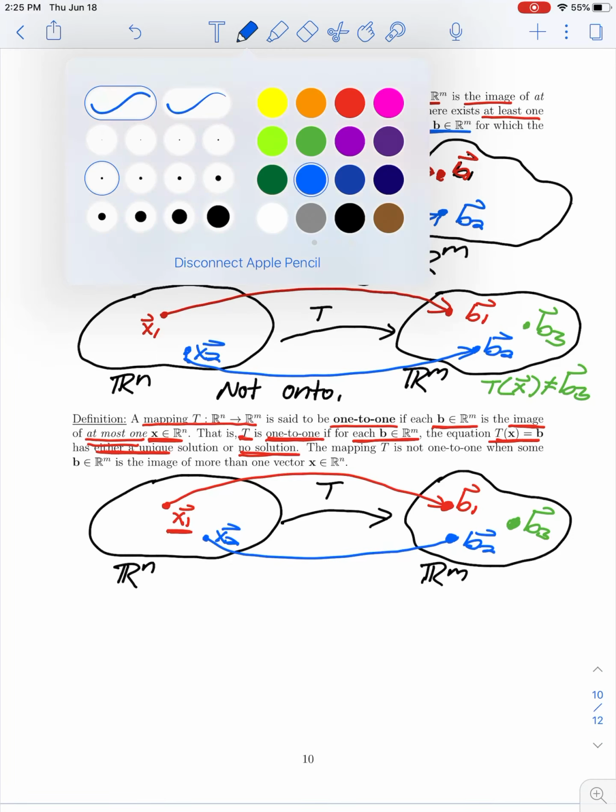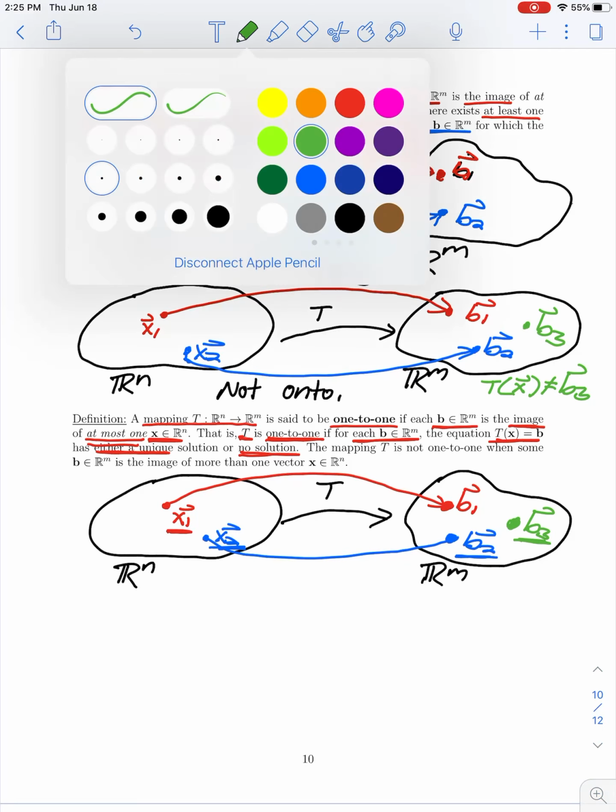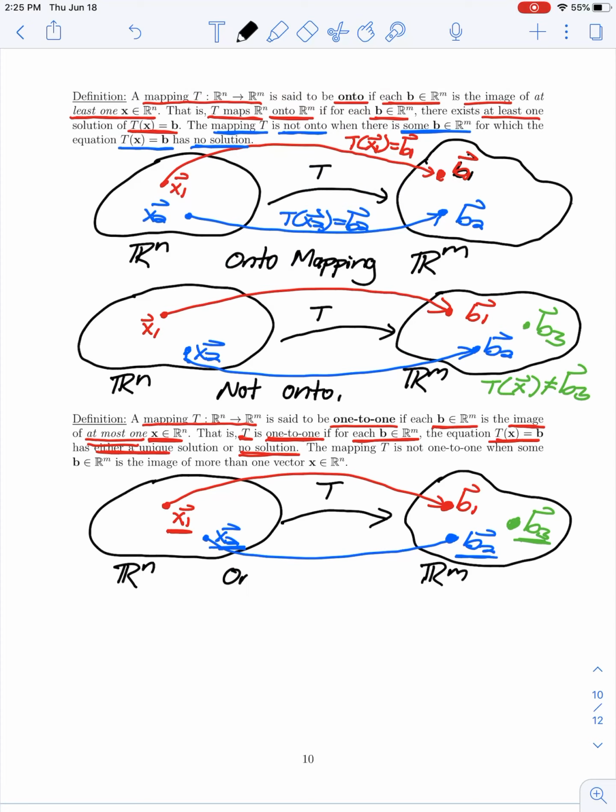The only vector which maps to B2 would be the vector x2, and we might have some vectors in the codomain, such as B3, which are not mapped to by any vector in the domain. So this would be an example of a one-to-one mapping. This is also the same example we have for a mapping which was not onto. So this is an example of a one-to-one mapping which is not onto.